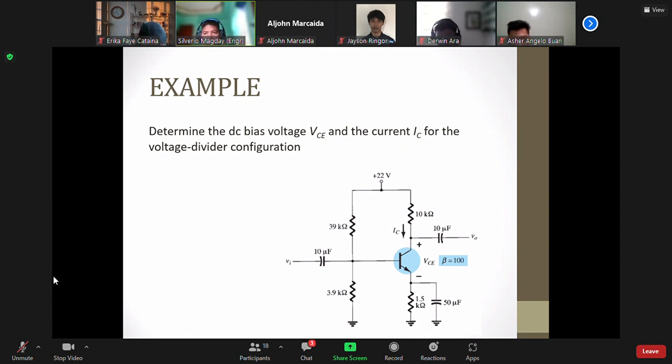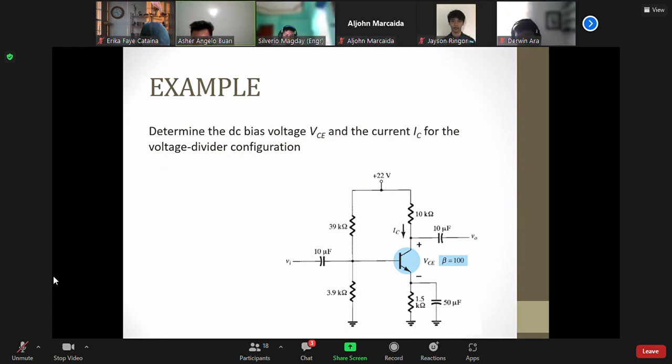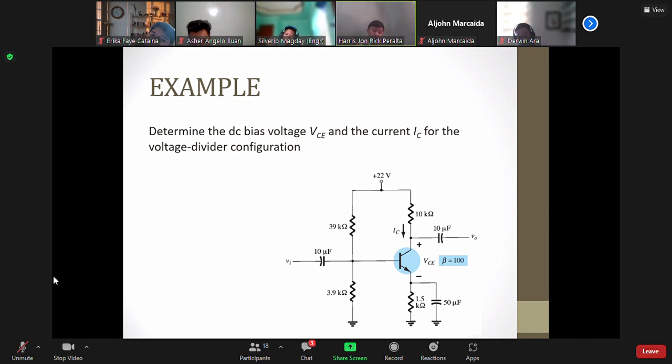Once you have your ETH. 2, sir. 2 volts. How about your RTH? 3.55 kilo, sir. Okay, 3.55 kilo ohm. So, given that, you can now proceed with the KVLs on the two loops, base to emitter and then collector to emitter.